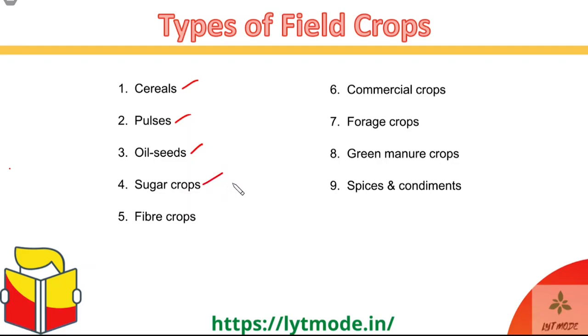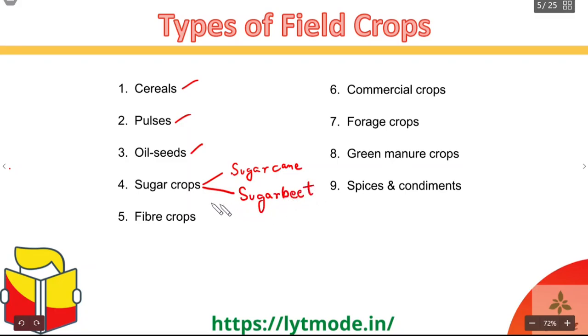Sugar crops are basically the ones from which sugar, or processed sugar, is actually extracted. That is the main purpose of growing these crops. So there are two crops which come under the sugar crops. The first is a crop which everyone knows about, which is sugarcane. And then there is another crop which you generally tend to forget, which is sugar beet. So always remember that sugar beet is also a crop which can be used for the production of processed sugar. So both of these come under sugar crops.